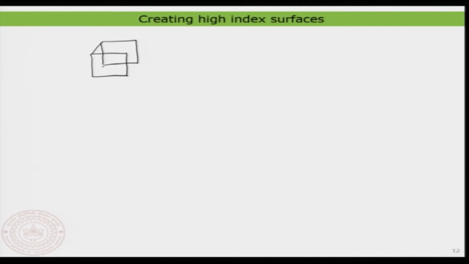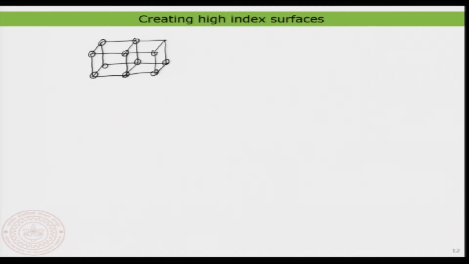Here I have 1 unit cell, with the corner atoms marked by these open black circles. But to do the high index surfaces, you would require adding more unit cells to the figure. Otherwise it would not be practically possible for you to do.